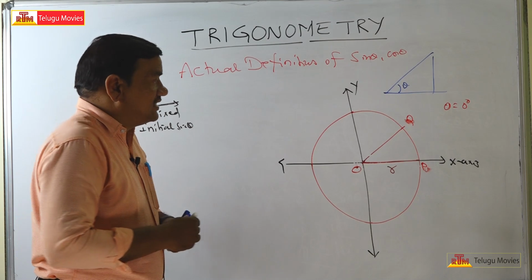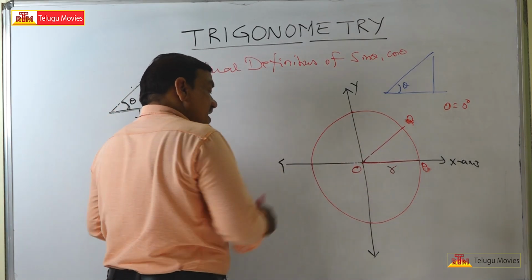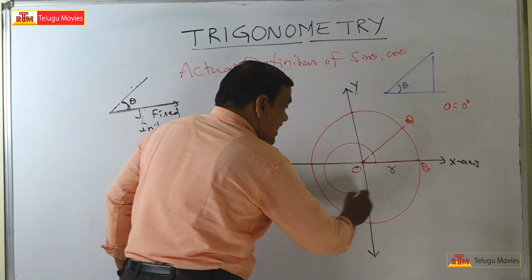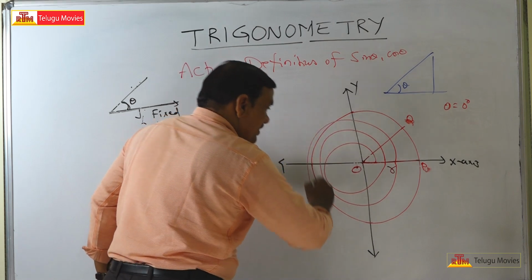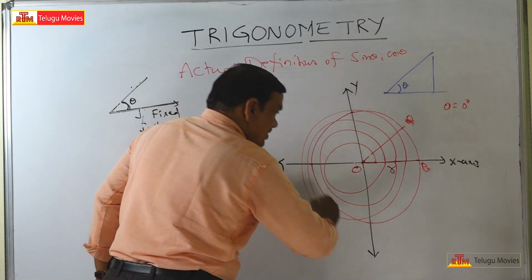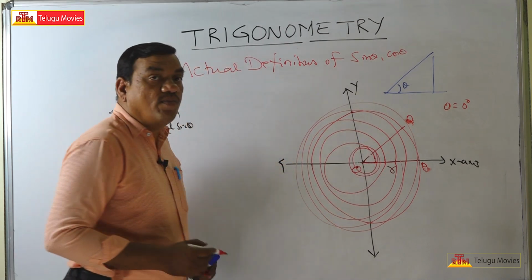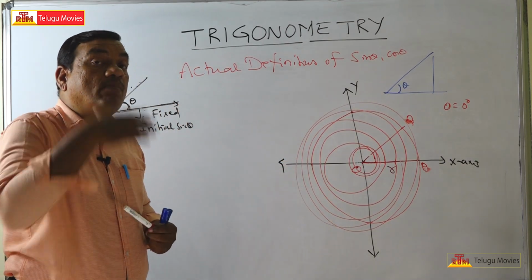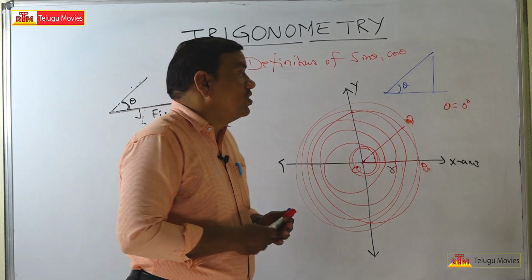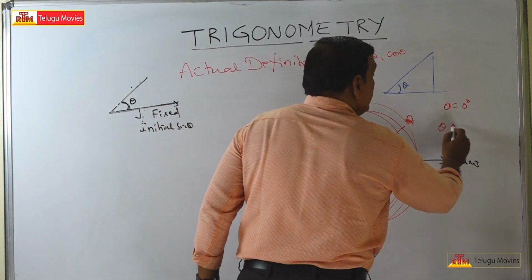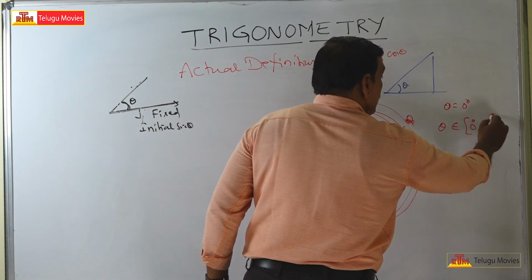If it completes one rotation, 360 degrees, again it rotates, 720. Now tell me, does the angle formed have any upper bound? No upper bound. Therefore, theta here belongs to the closed interval 0 to infinity.